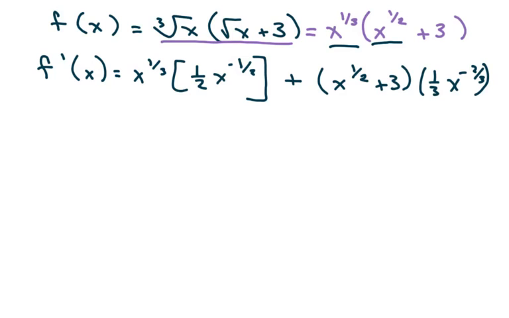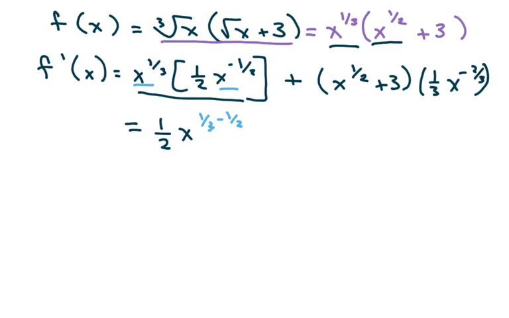All right? And then when you clean this up, you're going to get, let's see, we have 1/2 x. So basically, if you do this part here, you're going to get 1/2 x, so the x's are the same here, to the 1/3 minus 1/2.